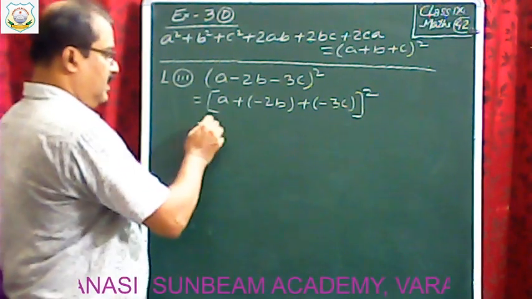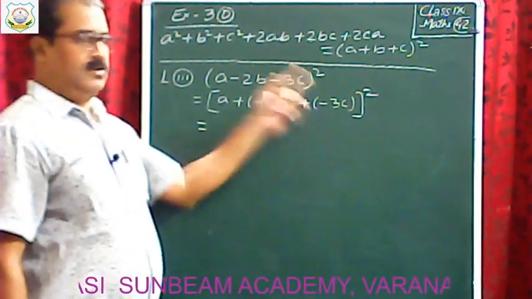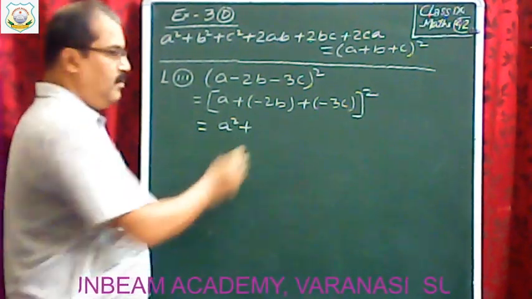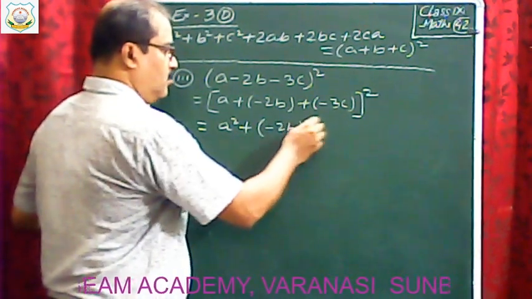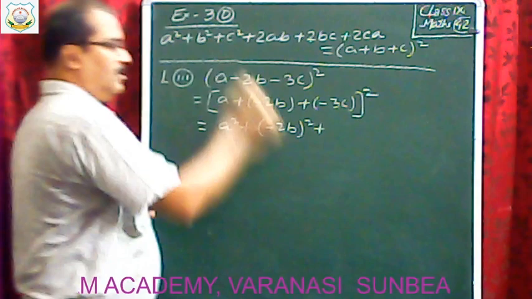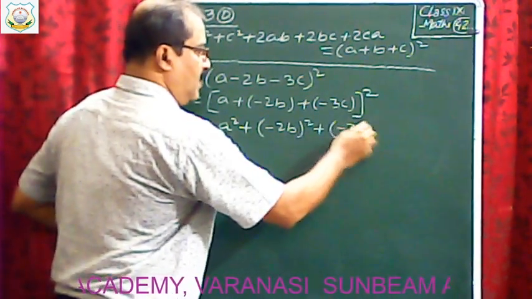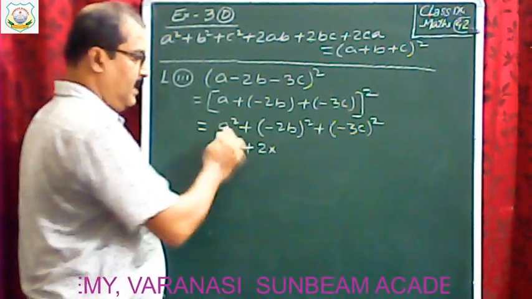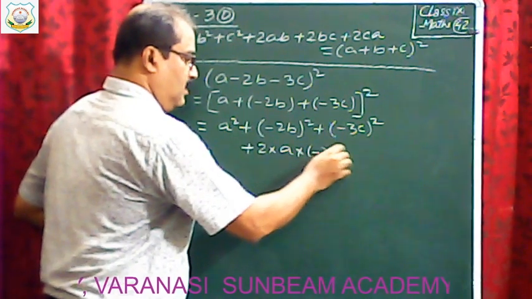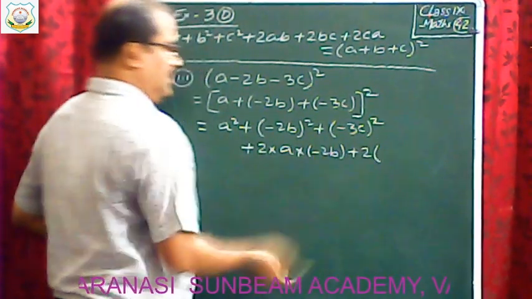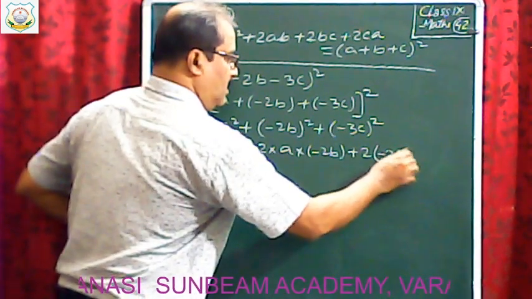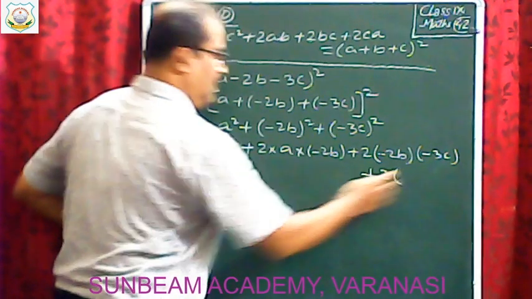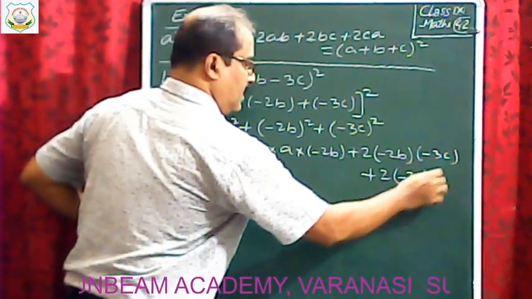According to the identity, a plus b plus c whole square equals a square, so we write a square, plus b square, that is minus 2b whole square, plus c square, that is minus 3c whole square, plus 2ab, 2 into a into minus 2b, plus 2bc, minus 2b into minus 3c, plus 2ca, minus 3c into a.